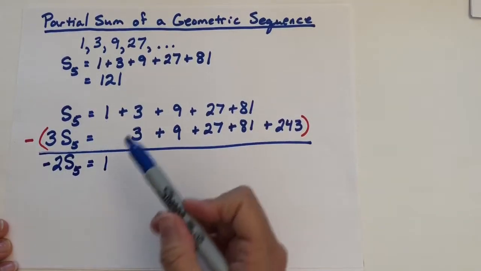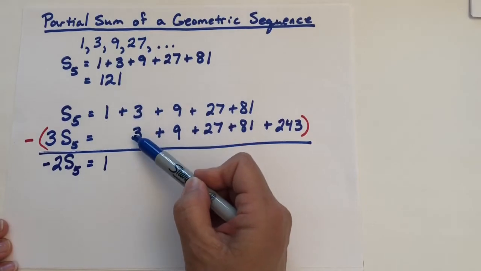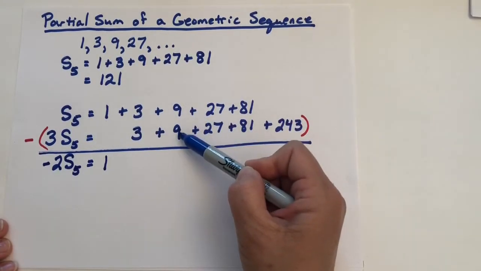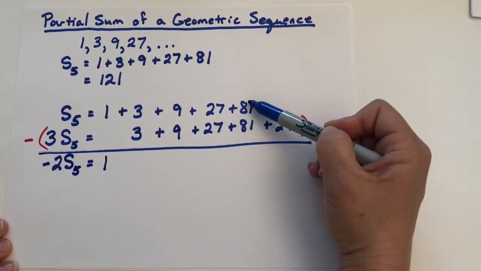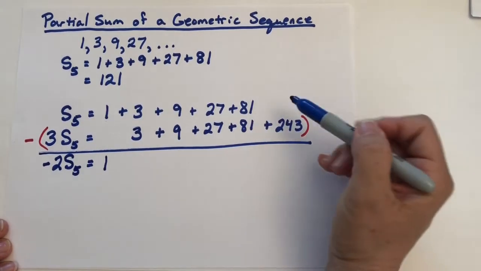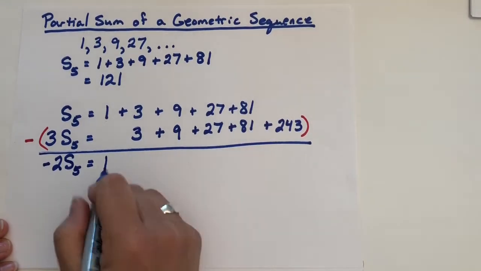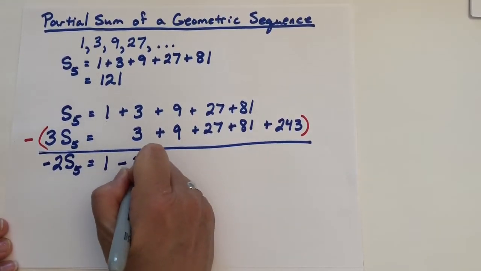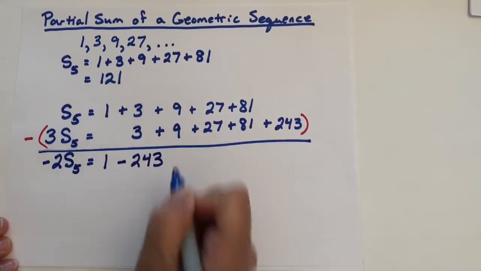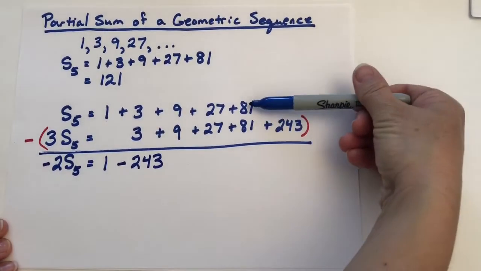But now notice what happens. We have 3 minus 3, they're gone. 9 minus 9, 27 minus 27, 81 minus 81. And finally, 0 minus 243. So all I have left is 1 minus 243 when I subtract these 2 lines.